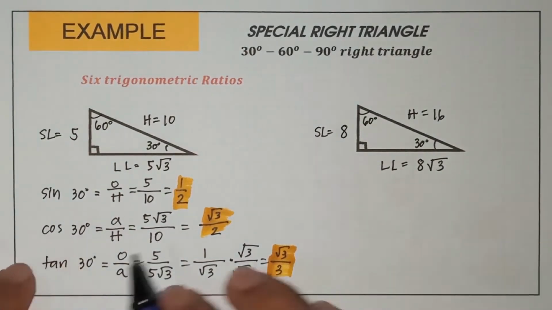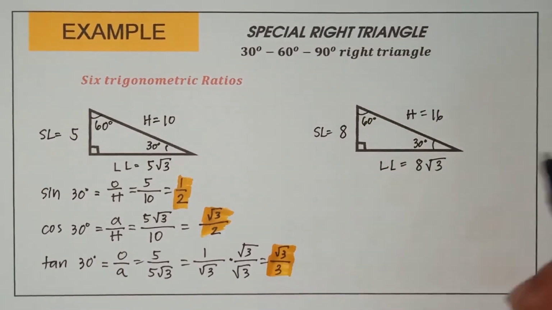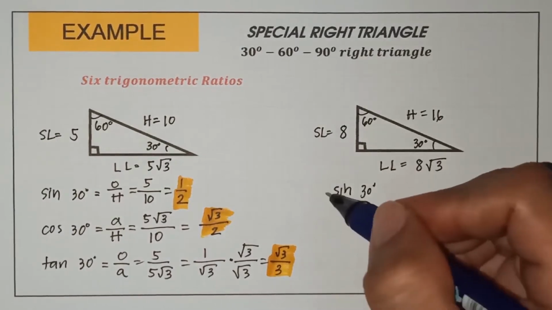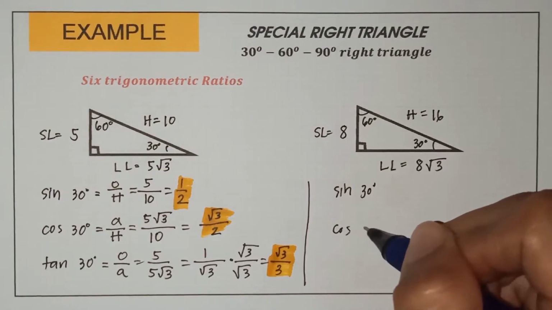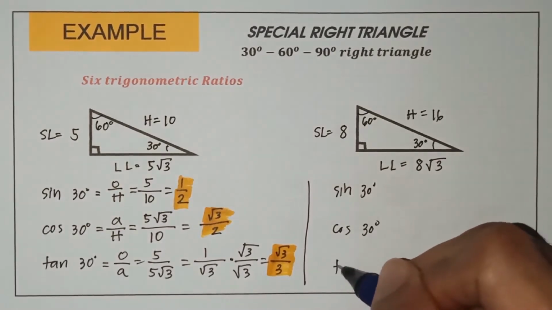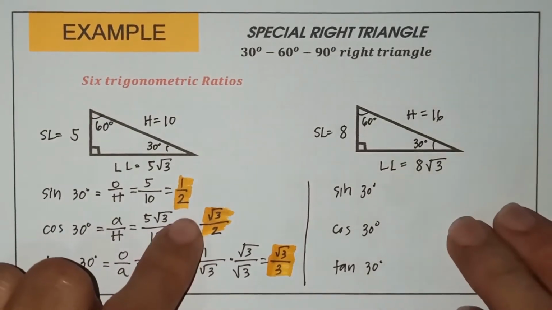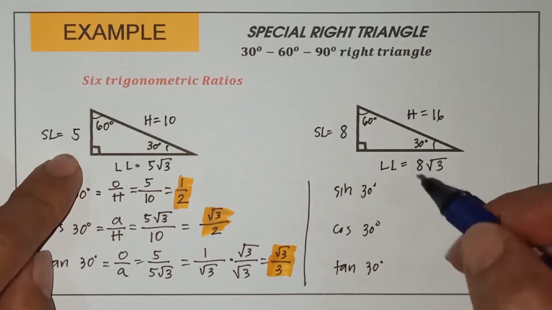So we will compare this to the values of the ratios of sine 30 degrees, cos 30 degrees and tan 30 degrees of this figure, whether they will get the same answer even though they have different lengths of sides.